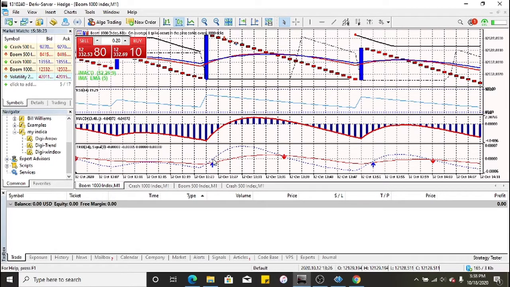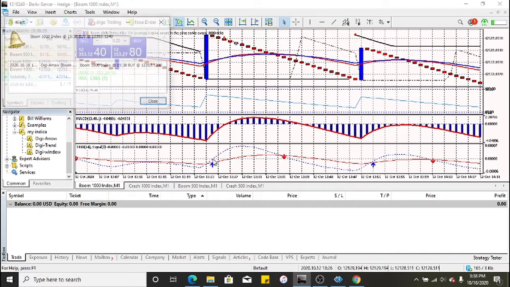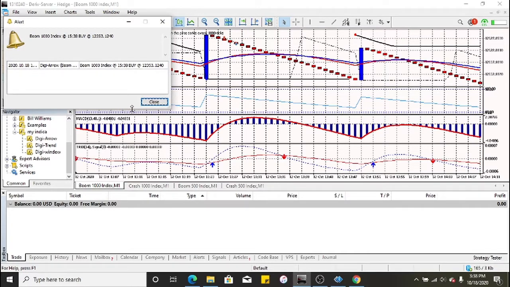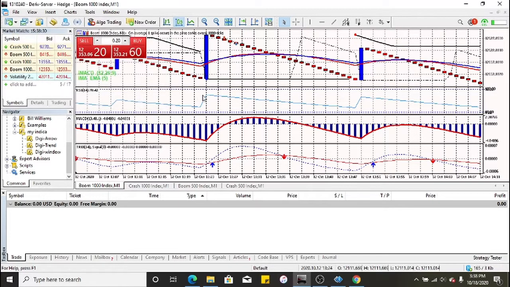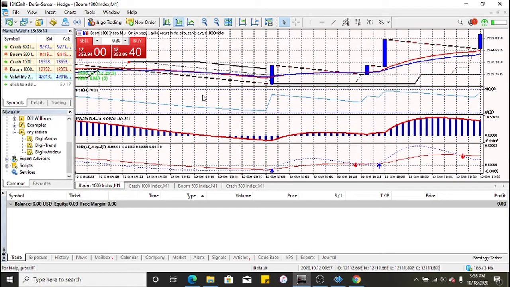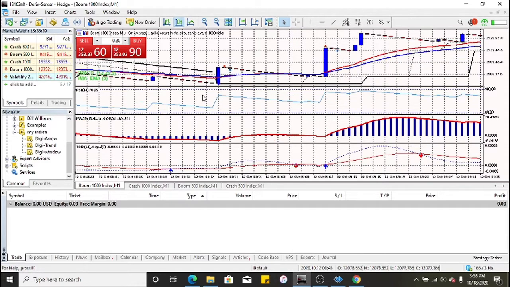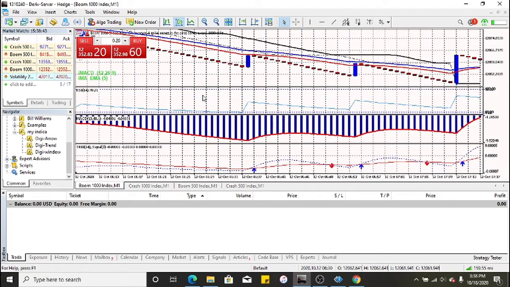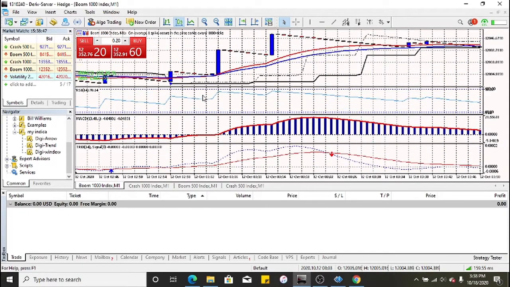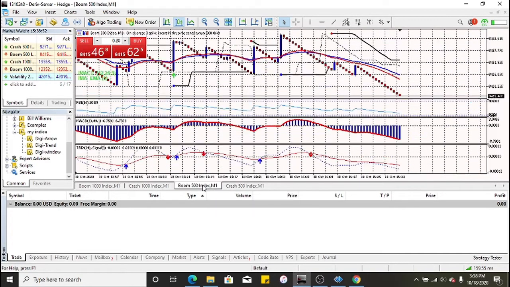So I recommend that anybody who wants to capture a long trend, say 10 candlesticks, 15 candlesticks, or probably I would not advise 15, I mean 10, you should get out of the trade. Yeah, I recommend that you trade that on the crash 1000 and the boom 1000. Okay, and those who want to capture spikes, probably you should come to the boom 500 and crash 500 market.